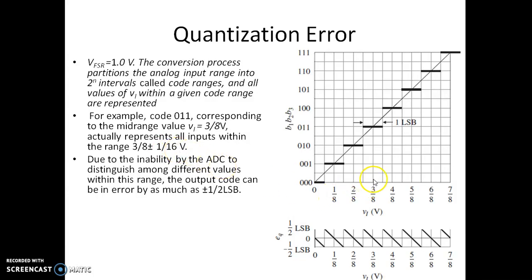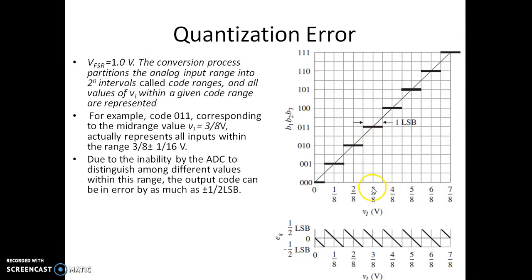Now you can see we were supposed to represent 3 by 8 as 011, that is fine. If the input voltage is 3 by 8 plus half LSB, the representation would have been slightly more than this, because the input voltage is more here, but we are still representing it by 011 code. Now we can see there is an error of plus half LSB.